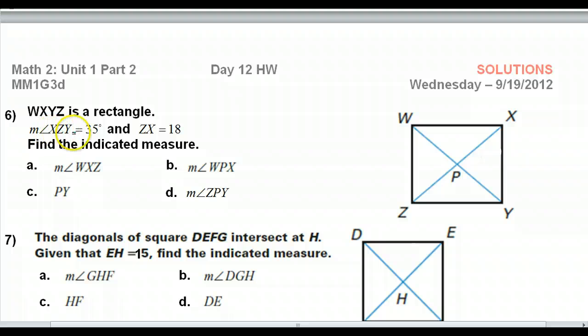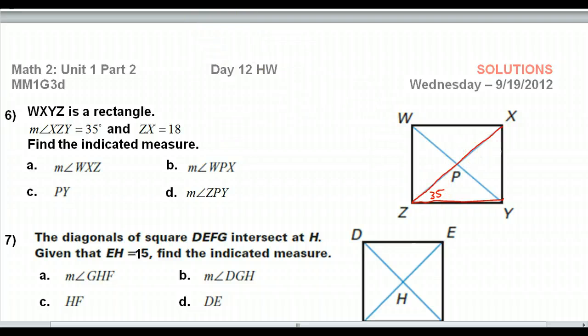Angle XZY is 35 degrees. Okay? And ZX is 18. Okay, ZX is the whole diagonal.